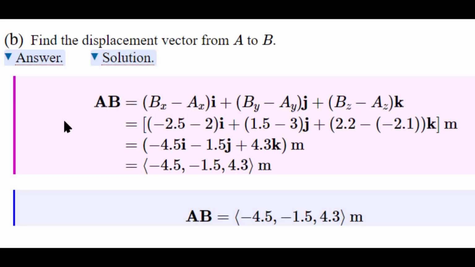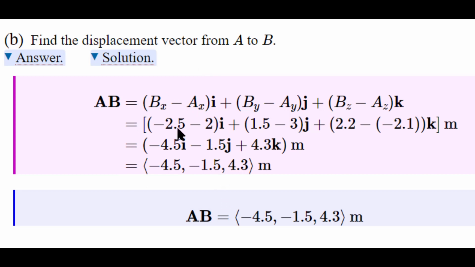The first part of the solution is to find the displacement vector from A to B. To do that, we need to find the deltas between A and B in their x, y, and z components. We know the coordinates, so we have all the numbers to calculate this.